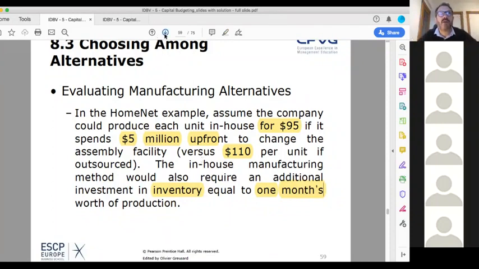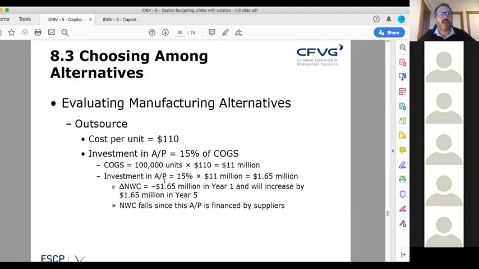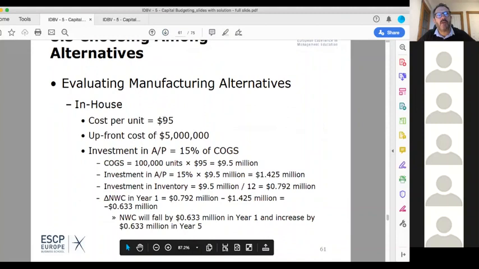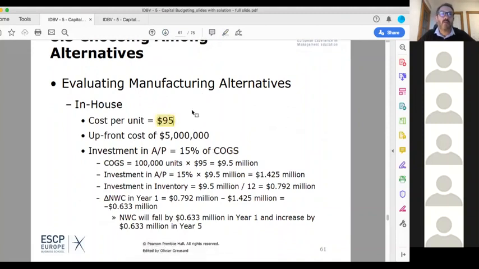And then we try to compare the two. If we outsource, we pay 110. We know that we have accounts payable of 15% of cost of goods sold, so we know the influence on the net working capital. On the other hand, if we do it in-house, we have a cost per unit of 95 instead of 110, but we have an additional upfront cost of 5 million.